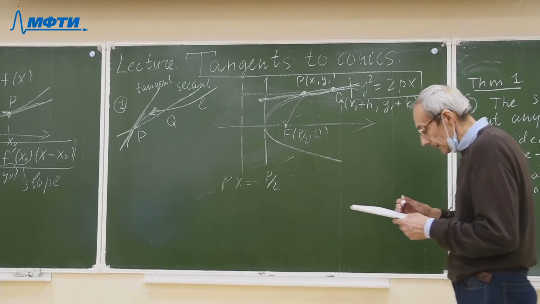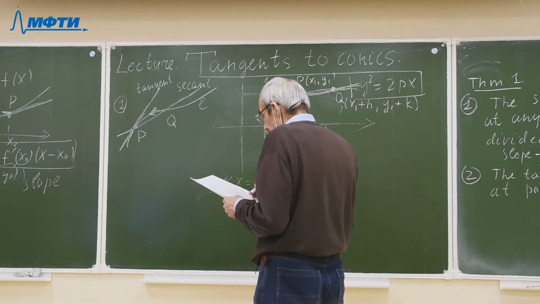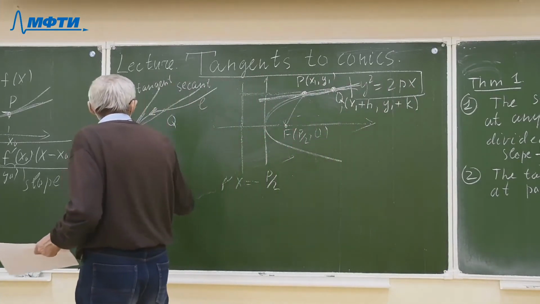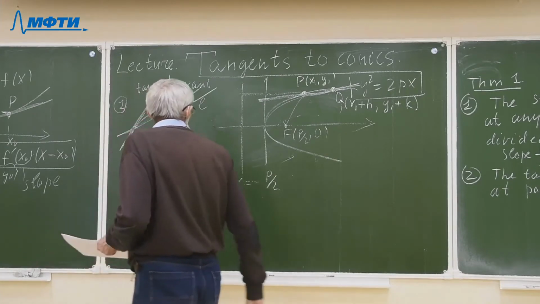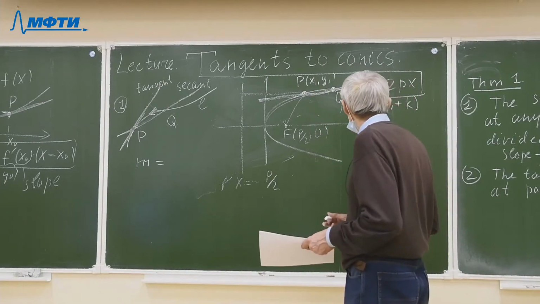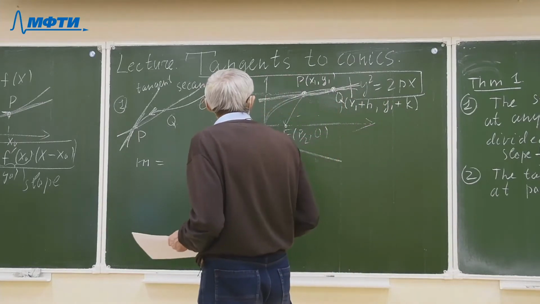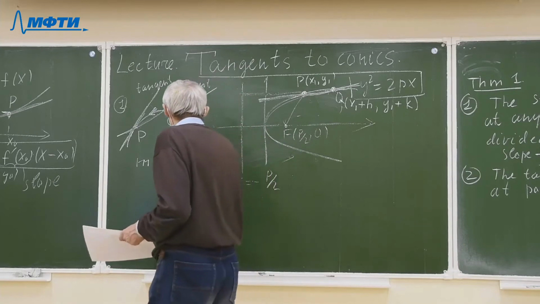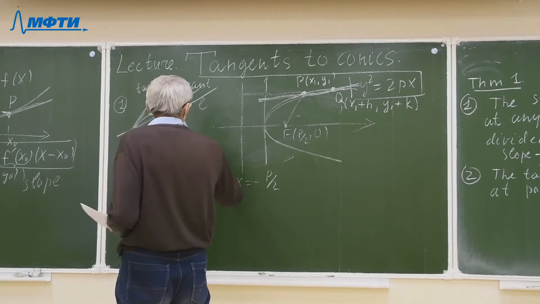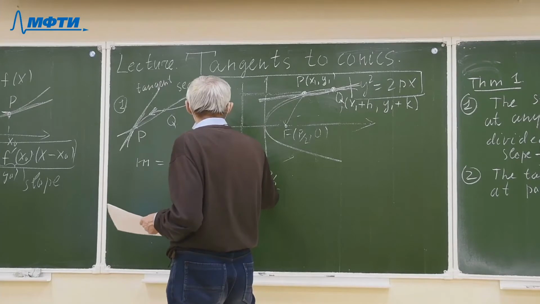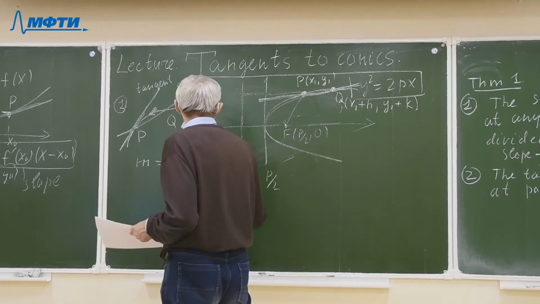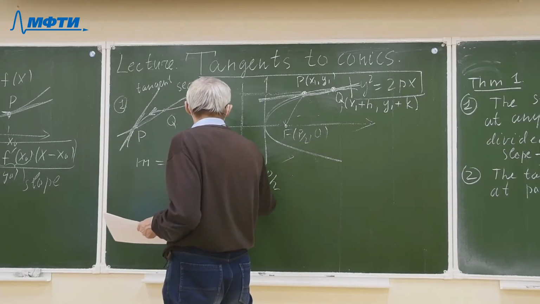And in this case, it is easy to see, by definition, that the slope of the curve and the slope of the tangent straight line at point P is equal to the ratio of y1 plus k minus y1 divided by x1 plus h minus x1.